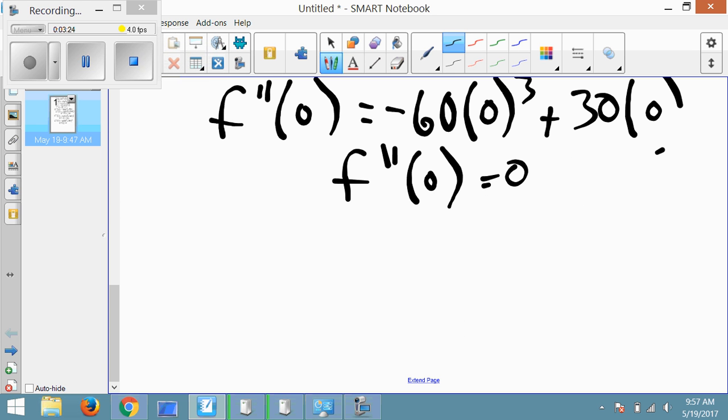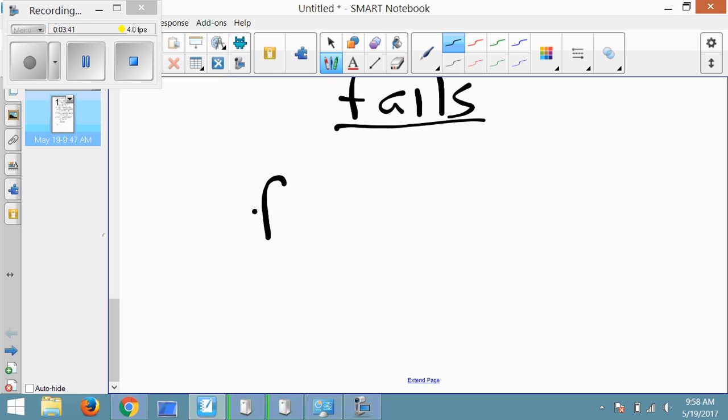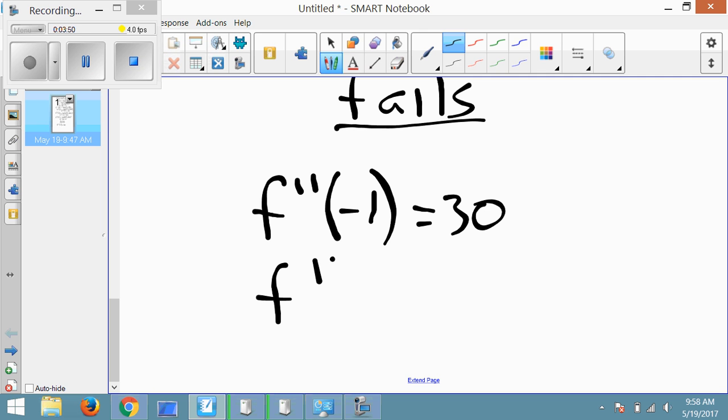So in context of this problem, whenever you have the second derivative with the critical number plugged in and it equals 0, that means it fails for that number.